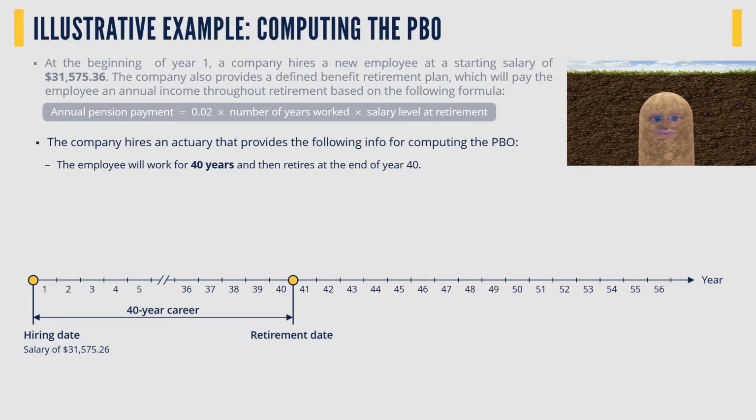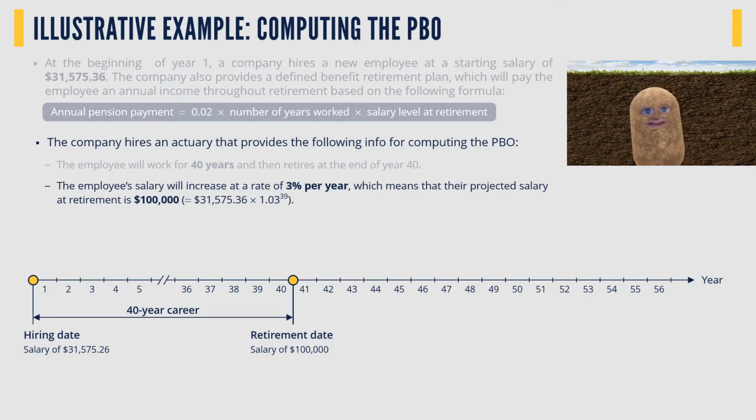In addition, given this salary, this type of employee and other comparable statistics or rates of increase, we believe that this employee's salary is going to increase on average at a rate of 3% per year, which means that if you roll that forward to year 40, they will exactly have a salary at retirement of $100,000. Now you know why I put the 31,575.36, because it conveniently works out to be $100,000, a nice round number.